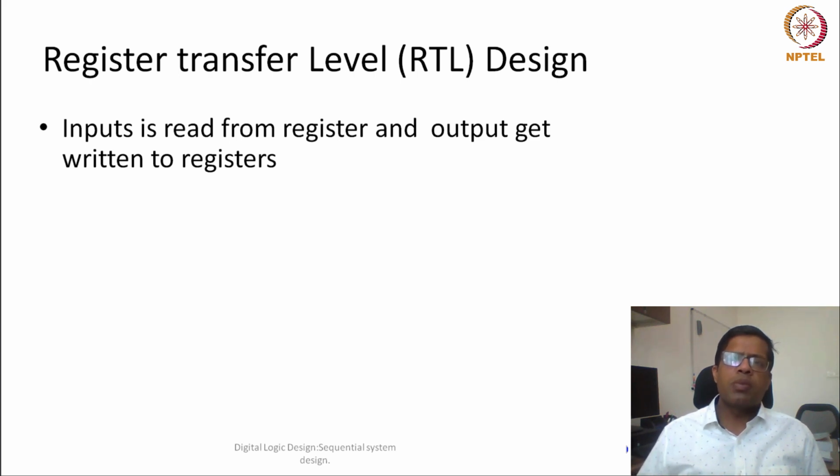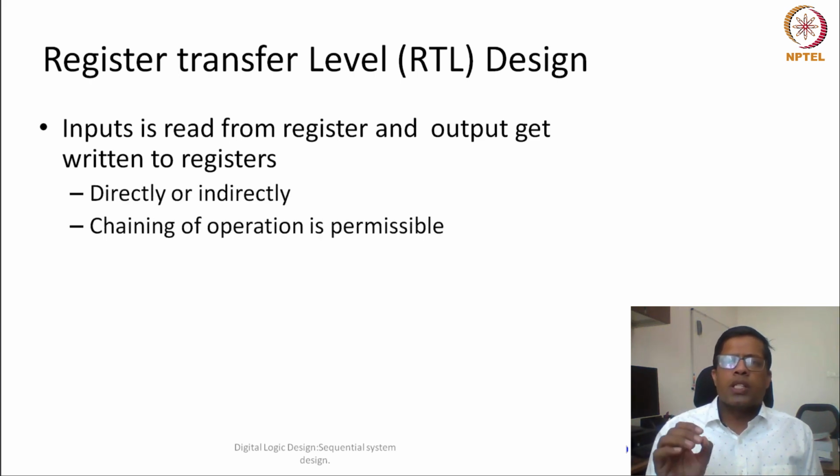What does this mean? This means that whatever operations, whatever combinational circuits are there, their inputs will be read from a register and their output will also get written to a register. There are some exceptions, where it is directly or indirectly. For example, there could be chaining of operations.